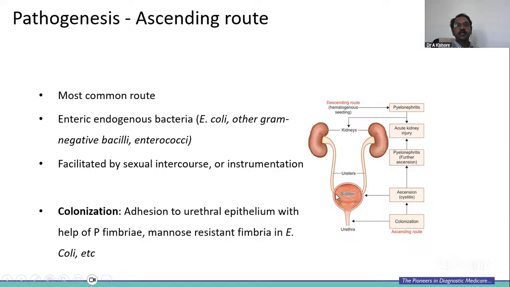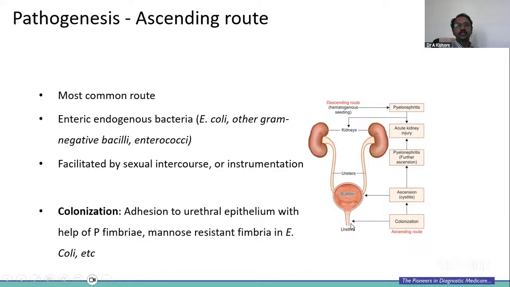In the ascending route of infection, the bacteria enter from the urethra towards the bladder, then invade and cause the disease, which is the commonest route. These are enteric endogenous bacteria, that means bacteria predominantly seen as endogenous bacteria in the intestine, like Escherichia coli and other gram-negative bacteria, and also Enterococci.